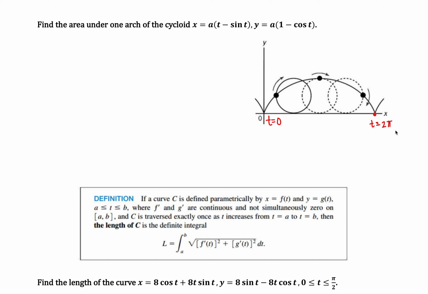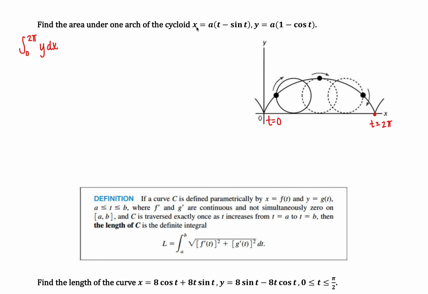So what I'm going to do is integrate, but with respect to t. So we're looking at t values from 0 to 2 pi. And you can set it up much the way you would just integrating a regular Cartesian equation. You'd be looking at y dx in here.